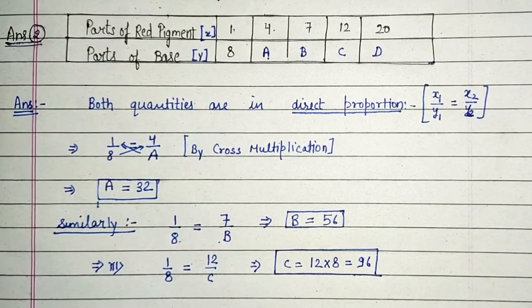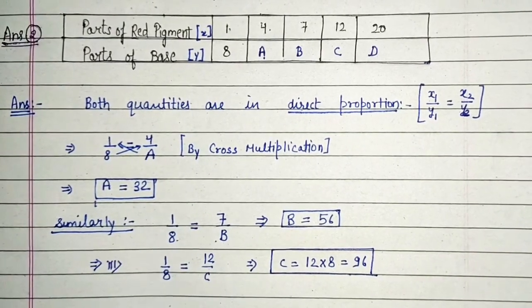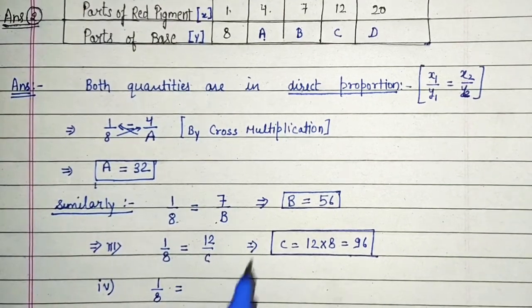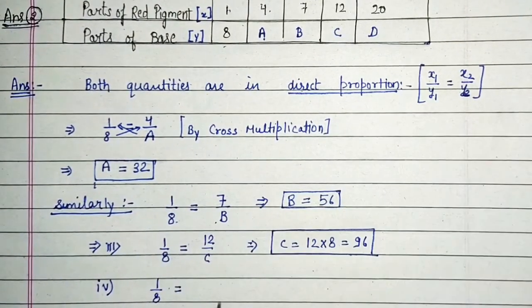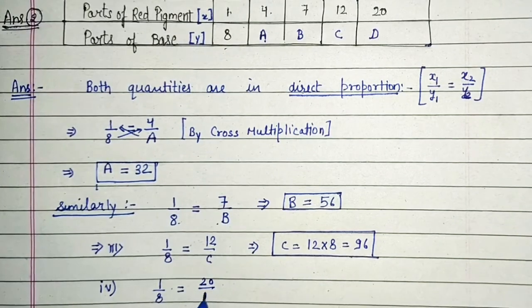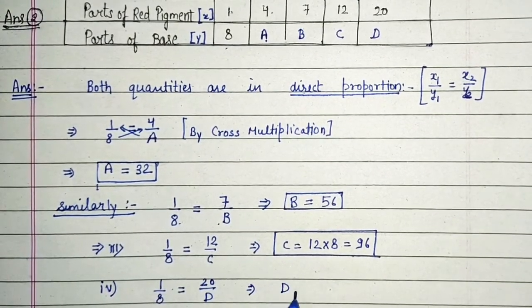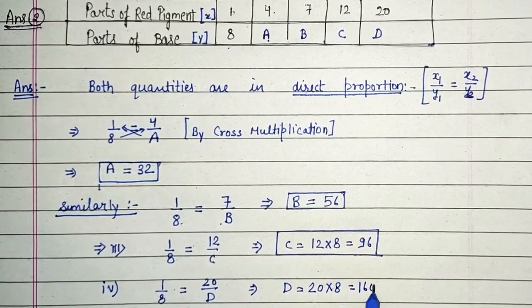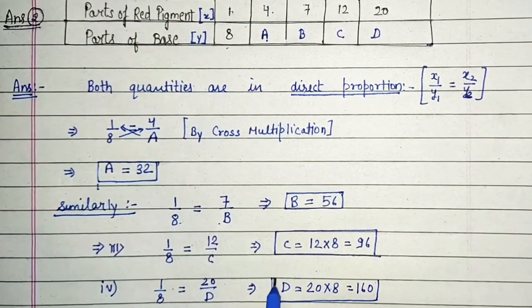Clear? Now the next one, the fourth part, 1/8 is equal to 20 upon d. So d is equal to 20 into 8. The answer is 160.